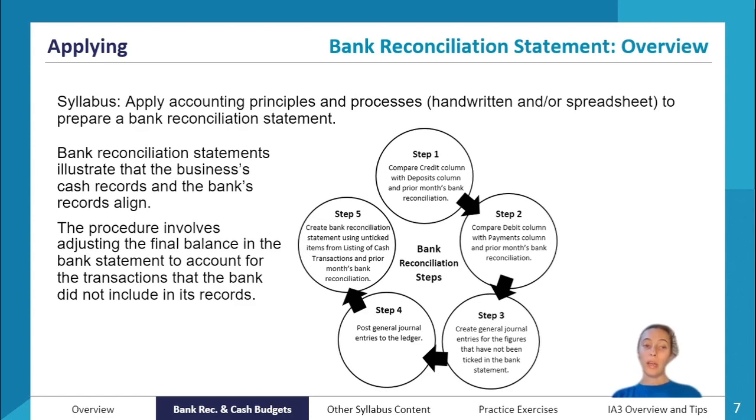So we adjust the final balance in the bank statement to account for the transactions that the bank didn't include in its records. So you can see we've got a bit of a 5-step process here. We're going to go through each of these steps individually, and then we're going to have a look at them applied to a worked example as well.